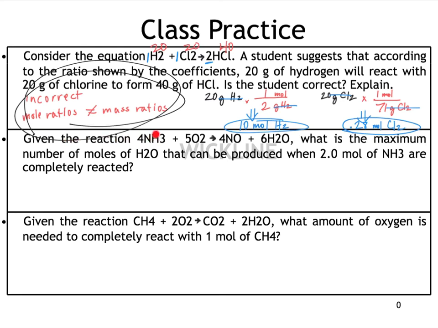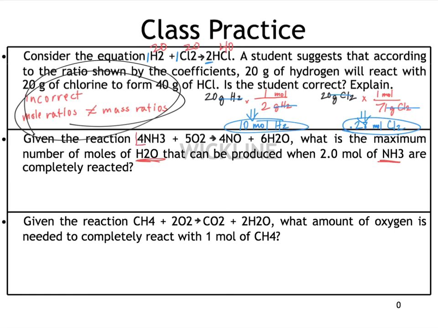Given the reaction of 4 ammonia plus 5 oxygen yields 4 nitrogen monoxide and 6 water, what's the maximum number of moles of water that could be produced when 2 moles of ammonia are completely reacted? Now let's go back to our very standard form for these equations on the previous slide. So we just take a look at the things that we're being asked to compare, which is the number of moles of water to the number of moles of ammonia.